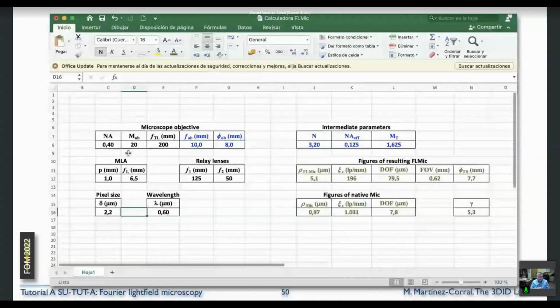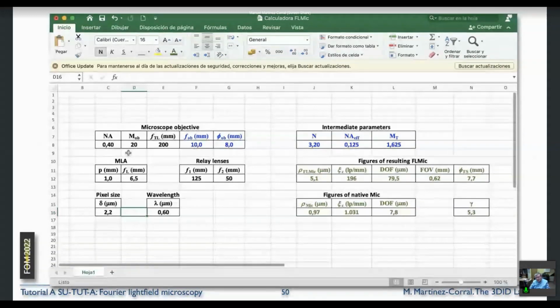So here in black are the parameters of the elements. For example, we have a numerical aperture of 0.5, magnification 20x, focal length of the tube lens 200. This is our microlens array, relay lenses, pixel size, wavelength.